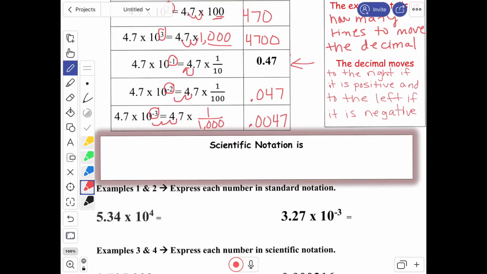Scientific notation is writing a number as the product of a factor and a power of 10. Product means to multiply.